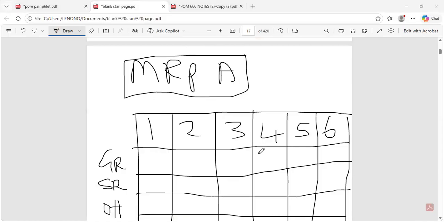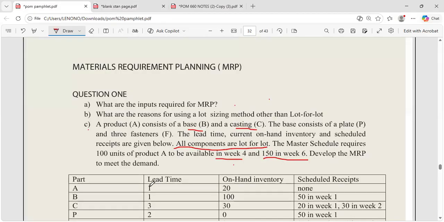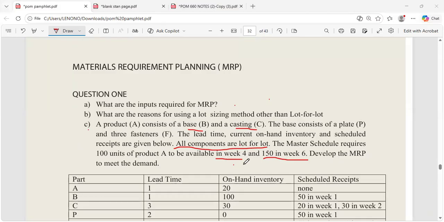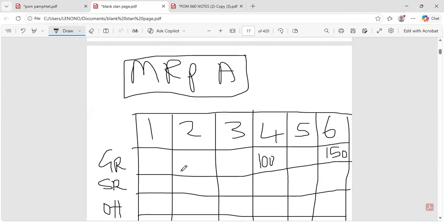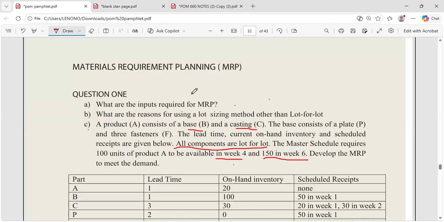That's what they told us. The rest of the other weeks, you put zeros. They are mute.